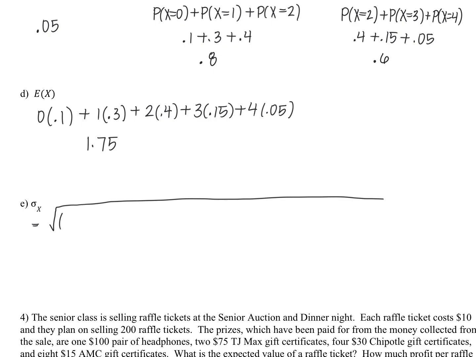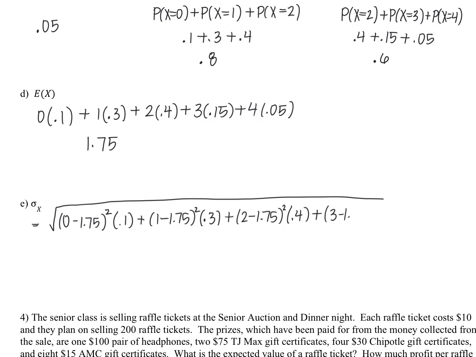So the way you do it is from each number outcome, you subtract the mean. So 0 minus 1.75. You square it, and then you multiply by its probability. And then you do that for every value. So then it becomes 1 minus 1.75 squared times 0.3, then plus 2 minus 1.75 squared times 0.4.